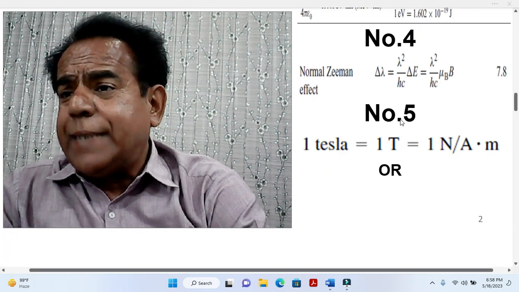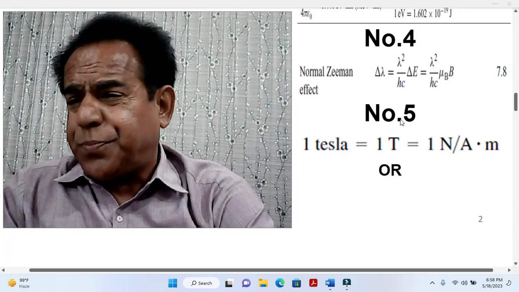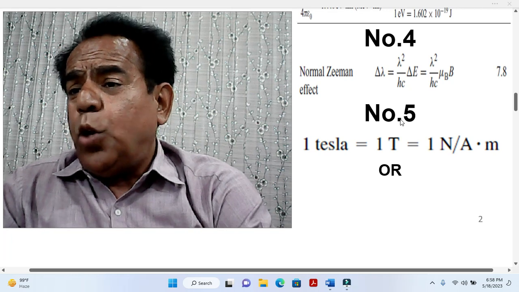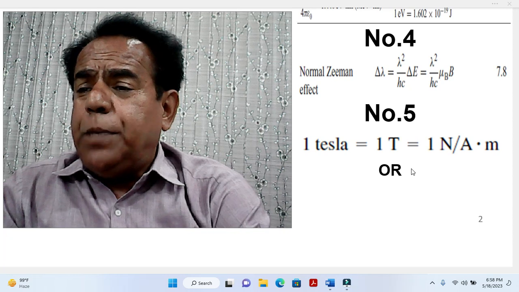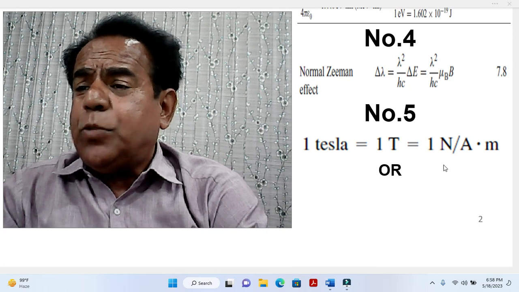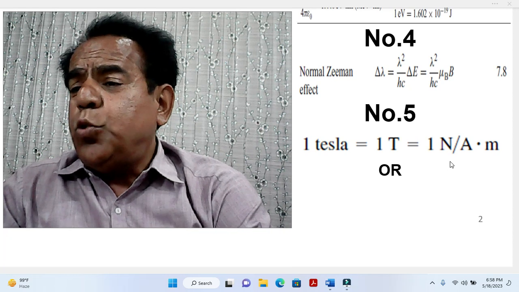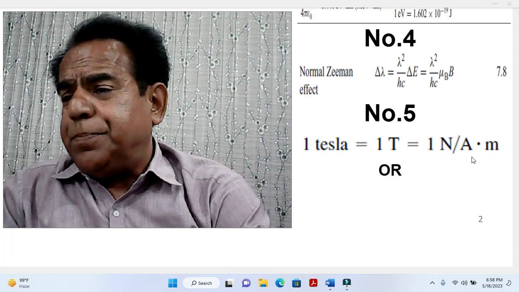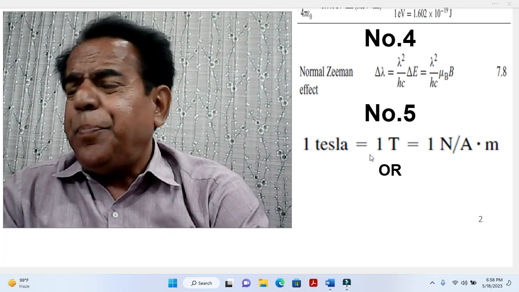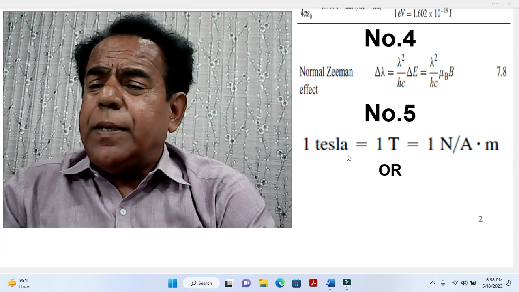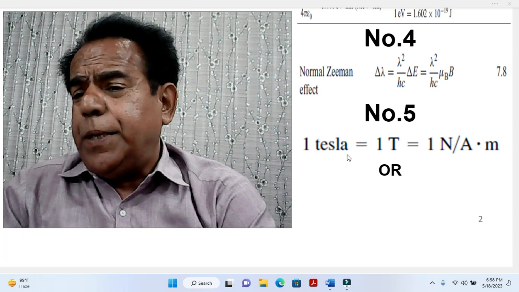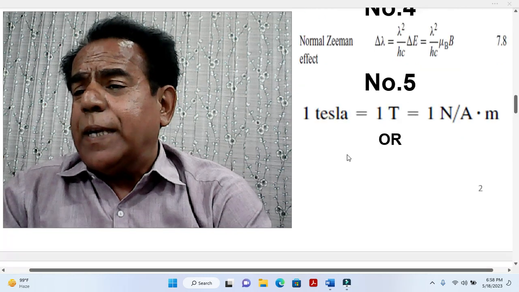Next, tool number 5. According to tool number 5, 1 Tesla, denoted by 1 T, is equal to 1 Newton over ampere meter. In tool number 5, the unit Tesla is defined.